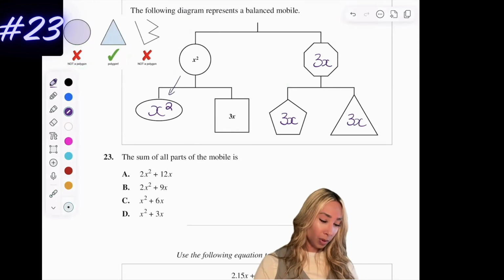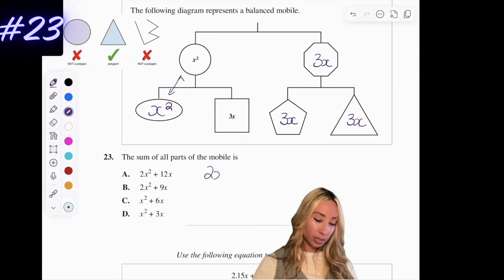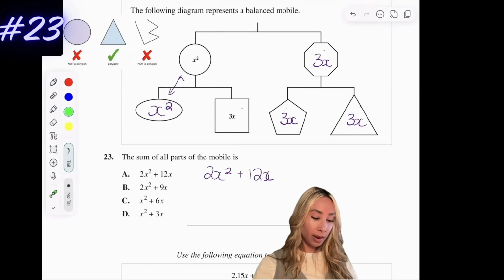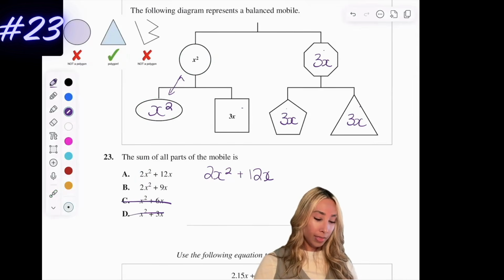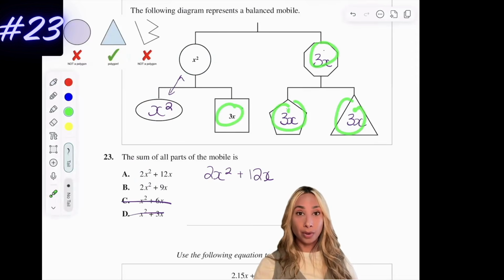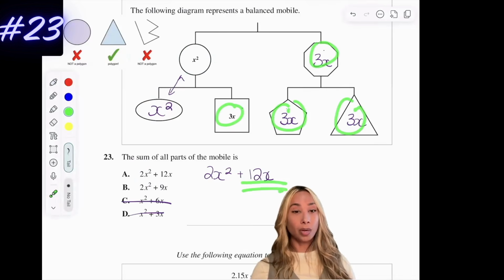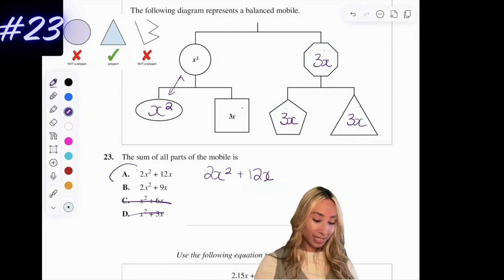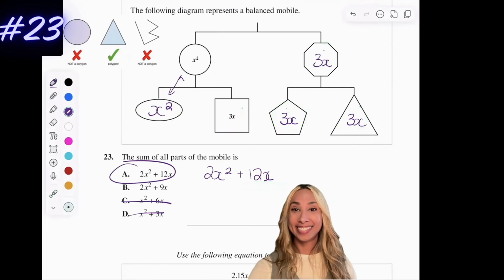Well, these two, of course, would become 2x squared plus 1, 2, 3, 4 times 3 is 12x. And sorry, let me just clarify how I got that. x squared plus x squared is 2x squared. And then if each of these are worth 3, I'm timesing them by the 4 that are there. 3 times 4 is 12. It's got an x on there, so it's going to be 12x, giving us our answer of A.